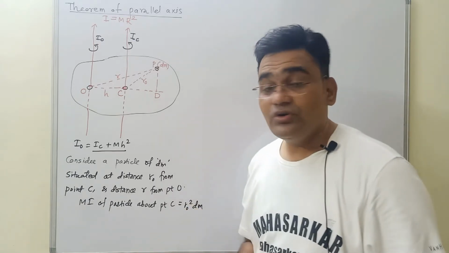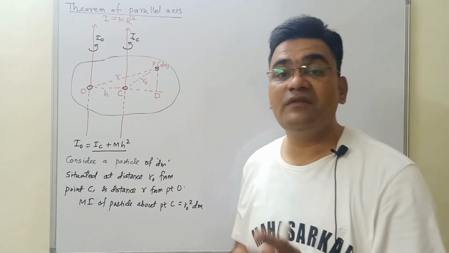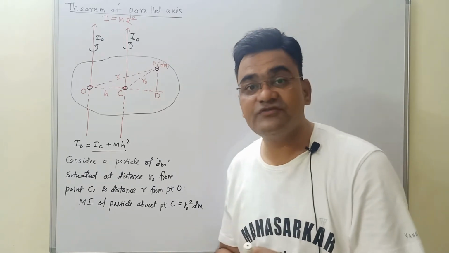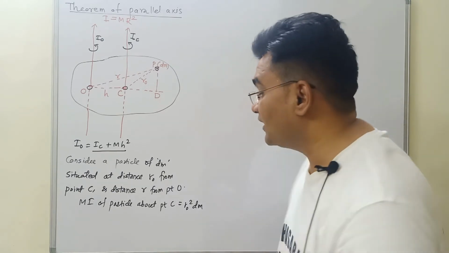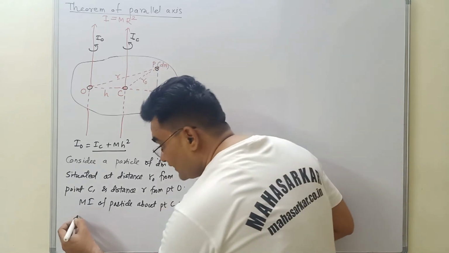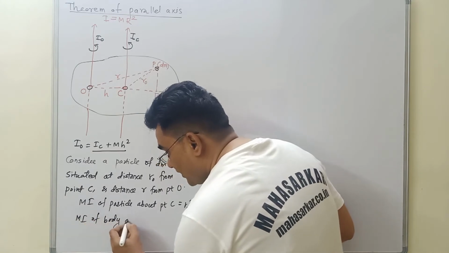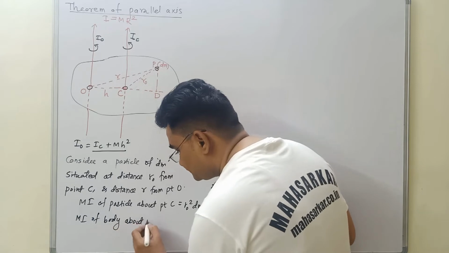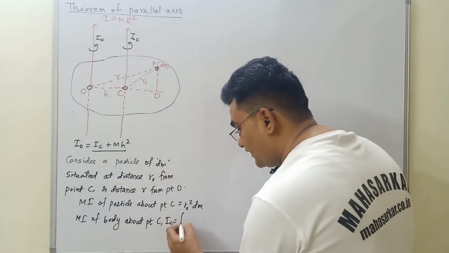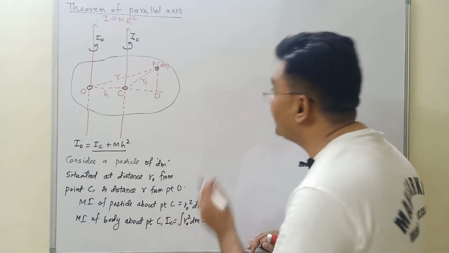If you remember the basic definition of moment of inertia, when the object has an equal distribution of mass, then instead of using the summation sign, one can apply the integration sign. Therefore, the moment of inertia of the body about point C, I_C, equals the integral of r0 square dm. Say this is equation 1.